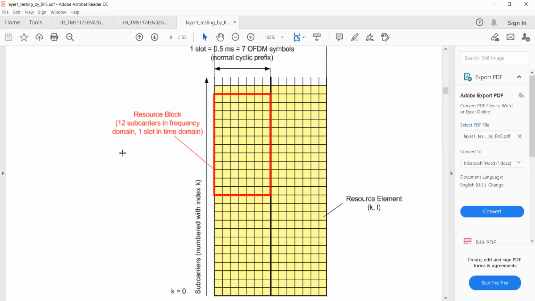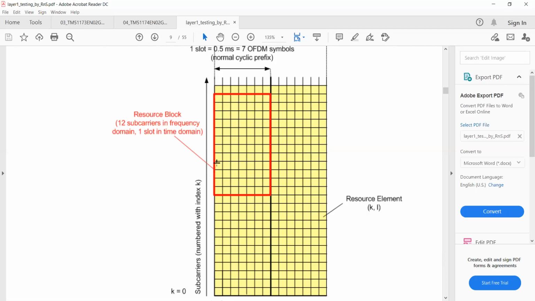We call one resource block equal to 12 subcarriers. So in the vertical direction, there are subcarriers 1, 2, 3, 4, 5, 6, 7, 8, 9, 10, 11, 12. These 12 subcarriers combined are called one resource block, 1 RB. In the horizontal direction, we have OFDMA symbols; in vertical, we have subcarriers.